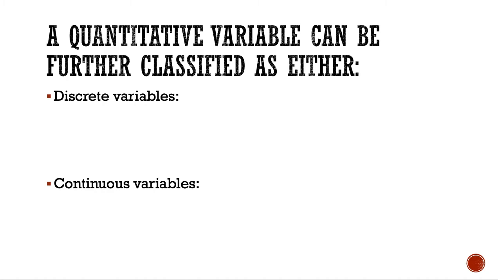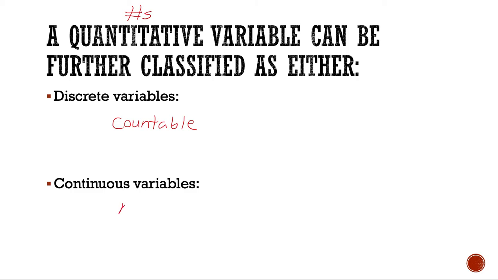Remember that we took the quantitative variables, the ones that are numbers, and we said that we could classify them further. Those can be classified as either discrete or continuous. Discrete are things you can count, like how many people are in your household, or how many classes are you taking this semester.